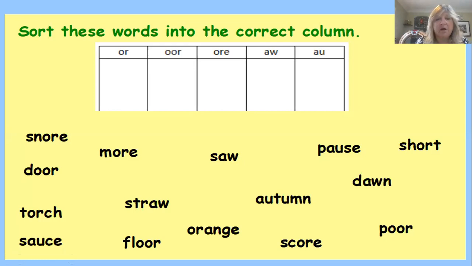Next to it, double OR, ORE, AW, AU. You don't need to draw a whole table, as long as you've got a line going down with a ruler to separate those different spellings. And then I'm going to give you 5 minutes to sort these words into the correct place. So it's about sorting the sounds. Okay, off you go.